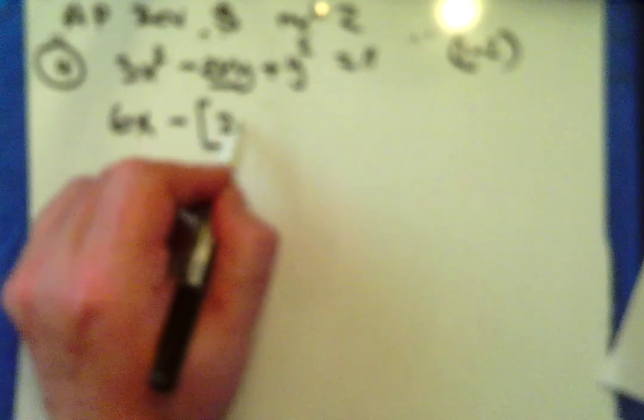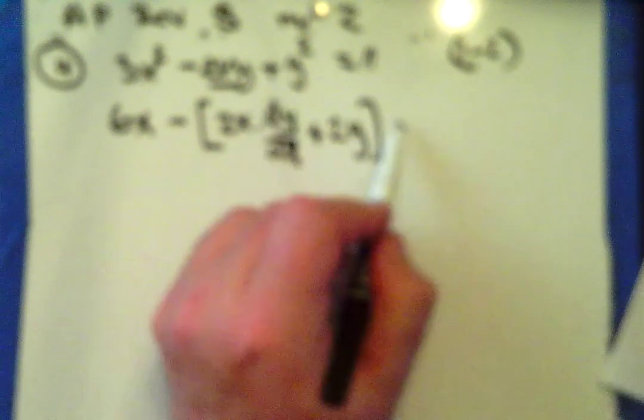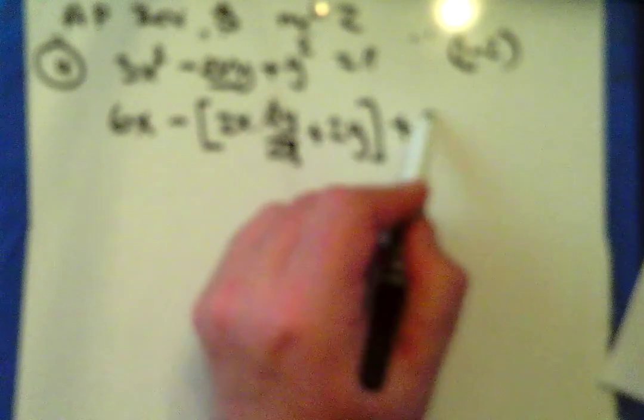Number 4. 2xy plus y squared equals 11, and the ordered pair is 1, negative 2. We want to find the slope at this point, so we want the derivative at this point. It's going to be 6x minus, product rule, 2x times dy dx, because the derivative of y with respect to x is dy dx, plus 2y. Now we've got our plus sign here, and 2y dy dx.